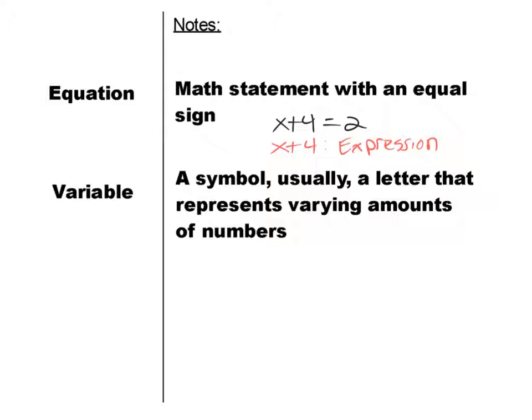A variable is a symbol, some letter, usually x, y, m, l, that we're trying to solve for. It can represent any quantity, and that's obviously what we're trying to get for our answer. X equals something or y equals something. Questions on equation or variable?